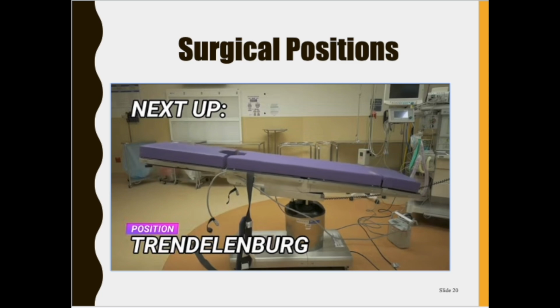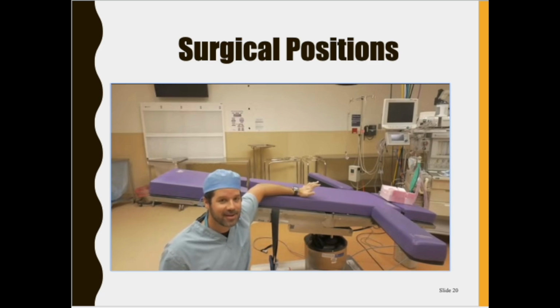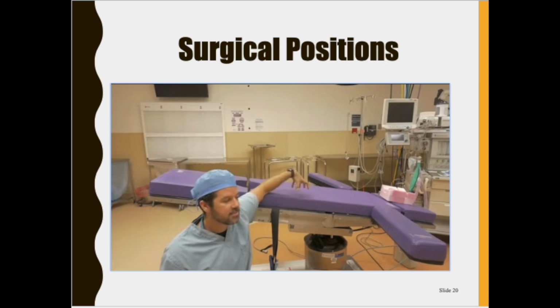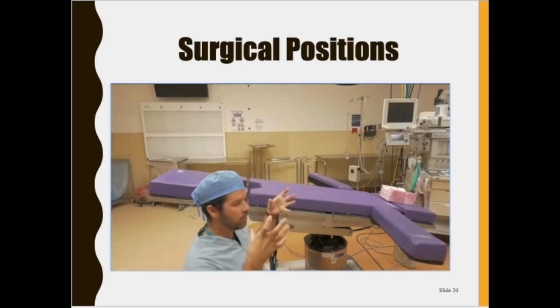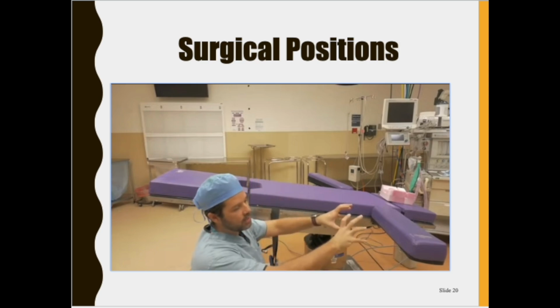So one of the first modifications of the supine position is Trendelenburg. Sometimes doctors like to call it head-down Trendelenburg because you are placing the patient's head down. You'll see this a lot of the time in pelvic surgery when they really need to displace all the organs in the abdomen up toward the head.